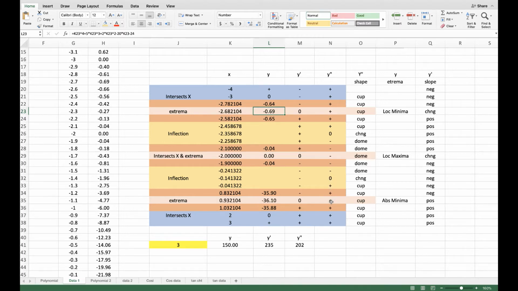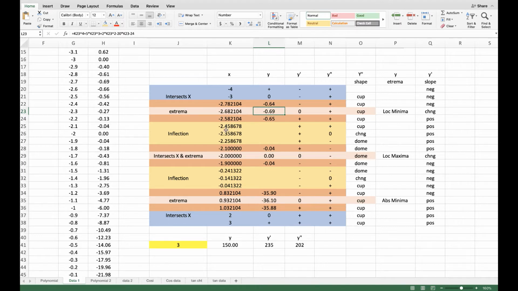And that means at our last extrema, that occurs at x equals 0.932, when you look at that extrema, you see that the second derivatives are positive on either side of that value, and that means that's a minimum. And the fact that this y value is smaller than the other minimum says that this is the absolute minimum of the function.